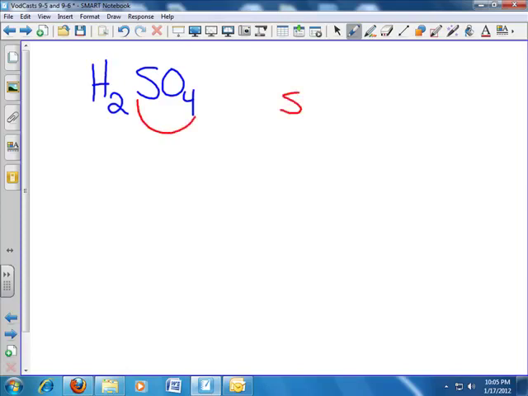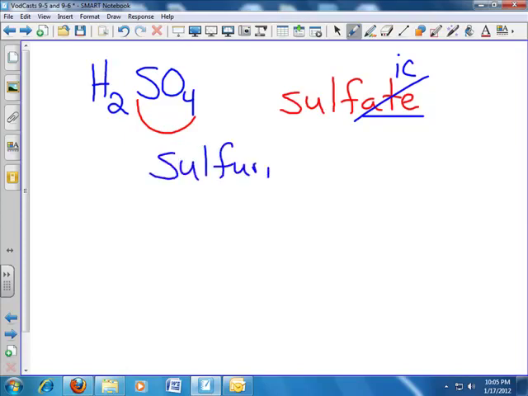Hopefully by now, after doing a large number of those polyatomic ions, you're becoming familiar with the fact that that's sulfate. That sulfate is my ATE ending, which is going to become an IC. So the name of this acid is sulfuric acid. You'll notice that we added a UR in it. So it's not sulfic acid, it's sulfuric acid. It just makes the name sound better.